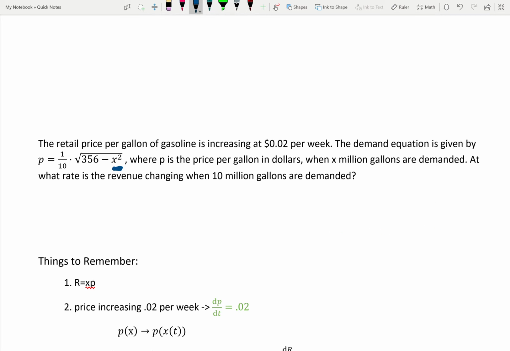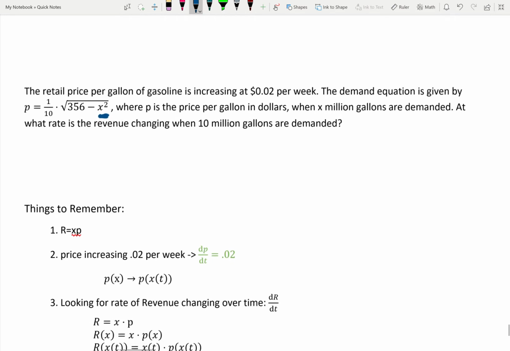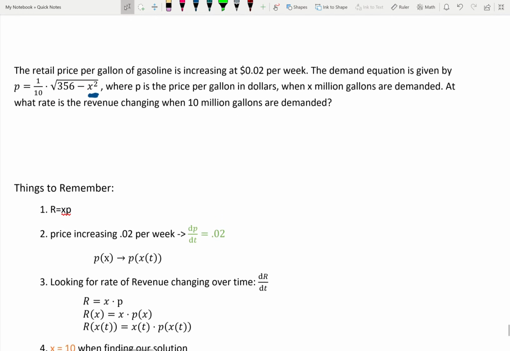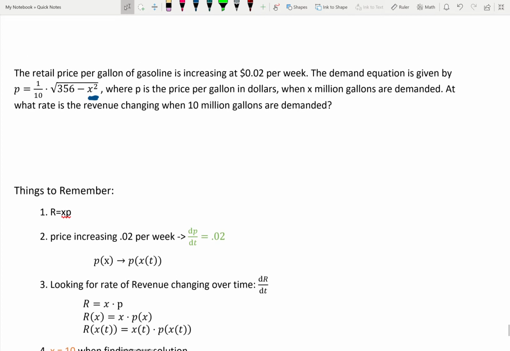All right, so let's look at the next one. Now we have this guy. This is what we're looking for. We're looking for the rate of change of the revenue over time. And just like in statement number 2, we represent that as the change in revenue, dR, over the change in time, dt.